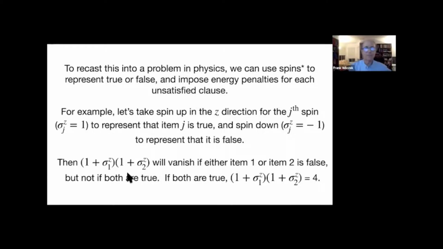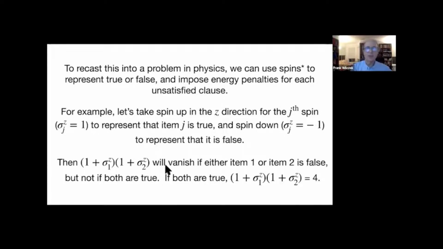So for instance, here, it's best explained in an example. Here, this quantity, 1 plus the value of the spin 1 in the z direction, multiplied by 1 plus the value of the spin 2 in the z direction. If either one of them is false, then this will be 0, because one of these will be 1 plus minus 1, which is 0.